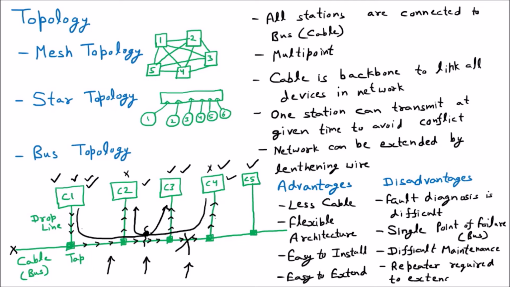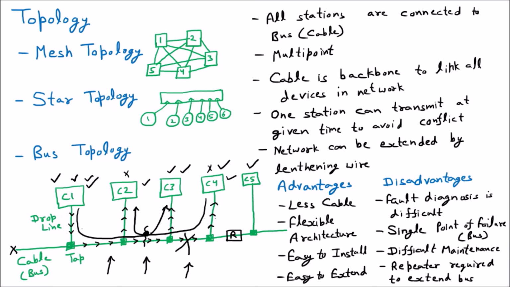If you are thinking of extending the bus topology, meaning the cable, then repeaters will be used. If we increase the network, let us suppose at this place one repeater is also required. This repeater is going to regenerate the signal. If we are increasing the bus to so many kilometers, you can assume how many repeaters are required. So that is the disadvantage of the bus topology.